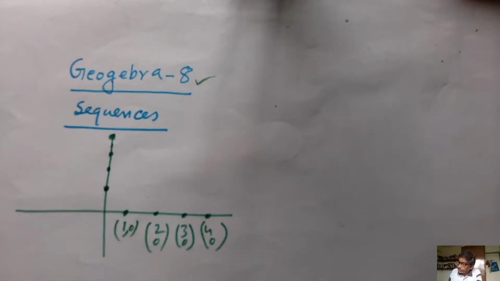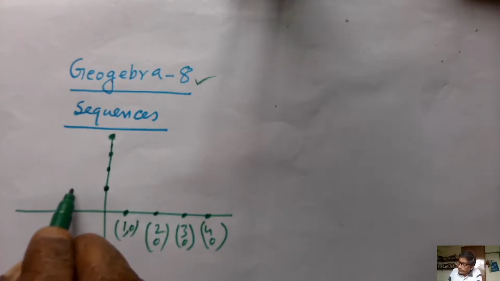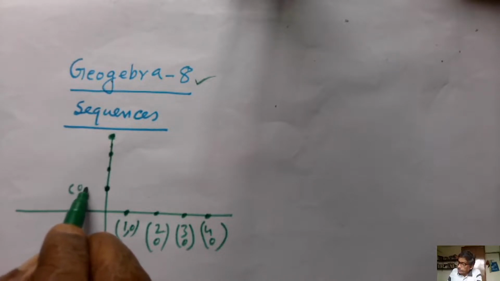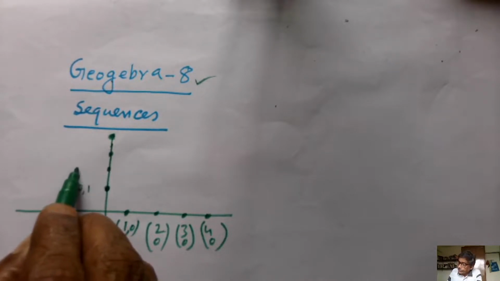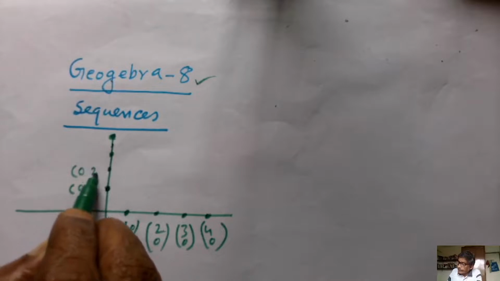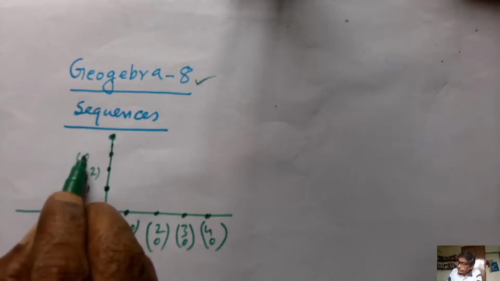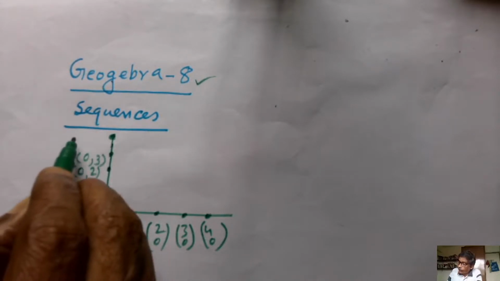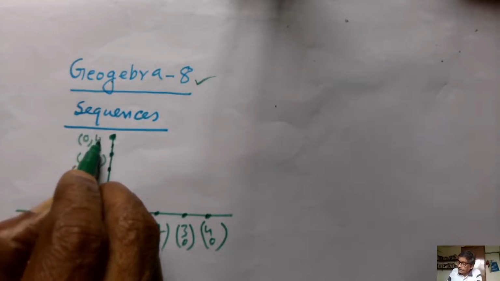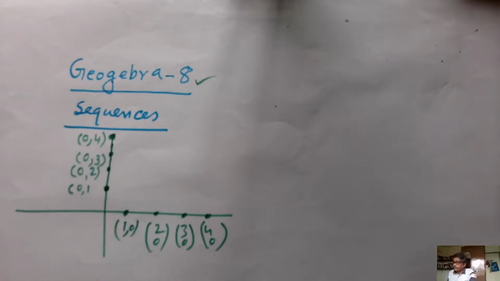Similarly, the coordinates of the points on the y-axis will be (0, 1), (0, 2), (0, 3) and (0, 4). Suppose these 4 points have been created.